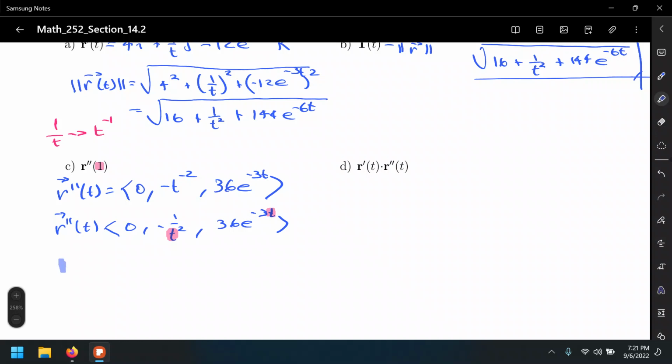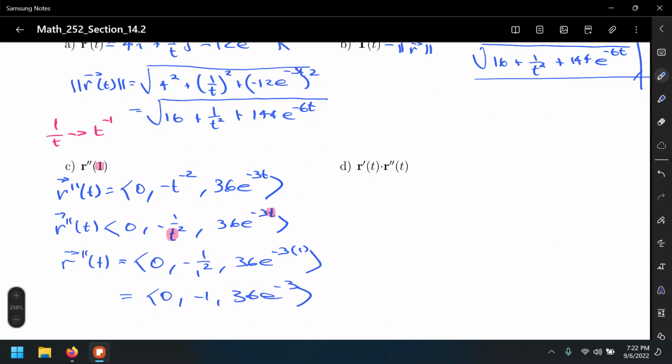There's really nothing to substitute, or rather, there's nowhere to substitute. Negative 1 over 1 squared, comma 36 e to the negative 3 times 1. And well, that's 0, negative 1, and 36 e to the negative 3.